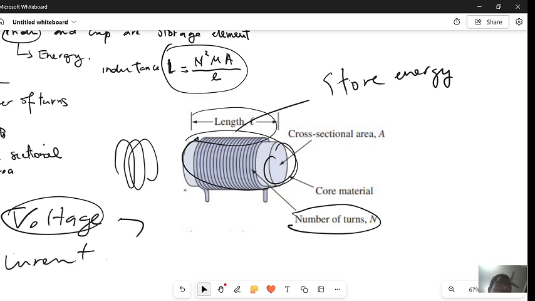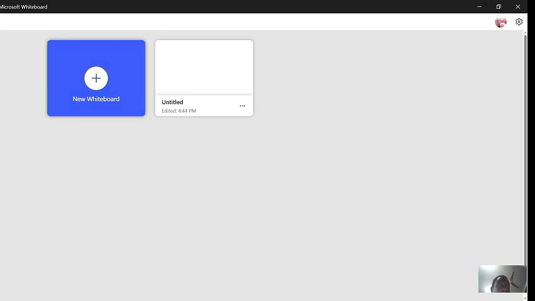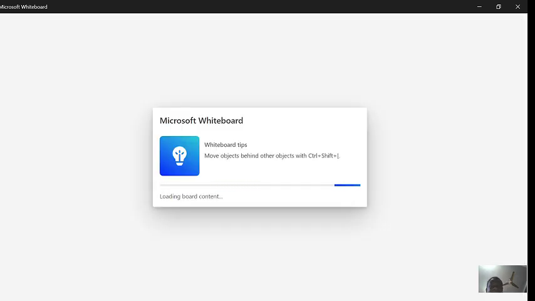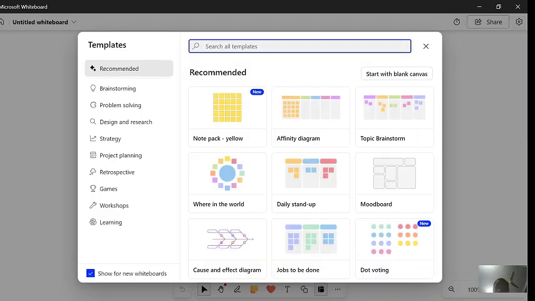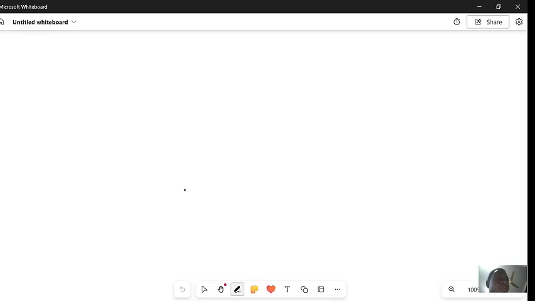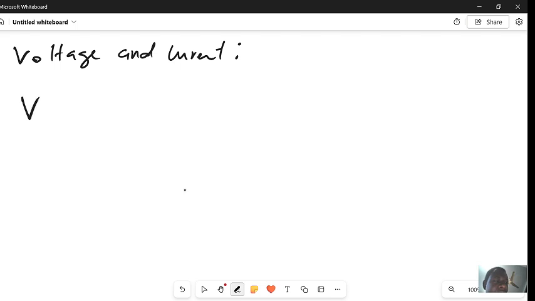Now let's see the relationship between the voltage and the current. The relationship is V equals L times the derivative of i with respect to t.